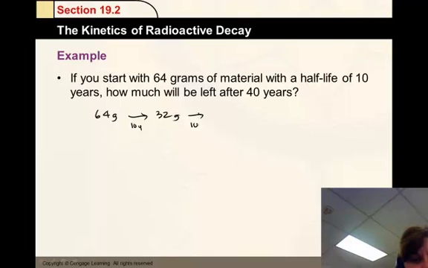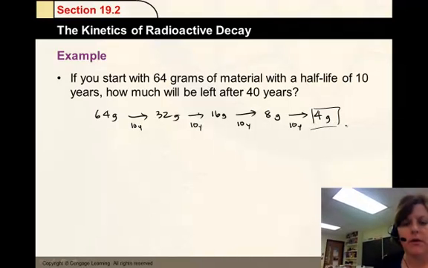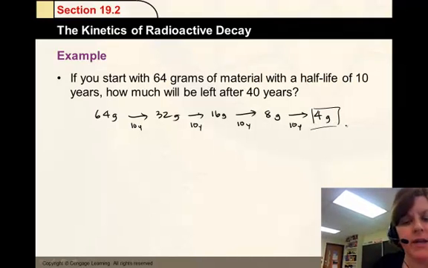And then after another 10 years, we'd have 16 grams. And then after another 10 years, we'd have 8 grams. And after another 10 years, which by the way is the 40 years we're looking for, we'd have 4 grams left that were radioactive.